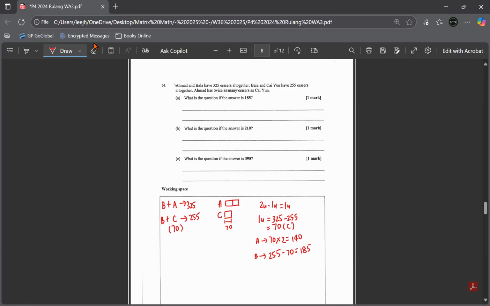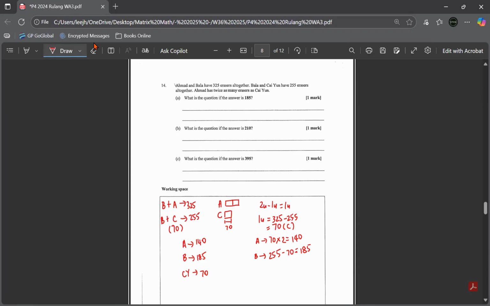So we got the number of erasers for each individual. If you cannot see, I'm going to write again here. Ahmad will have 140. Bala will have 185. Cyrene will have 70.